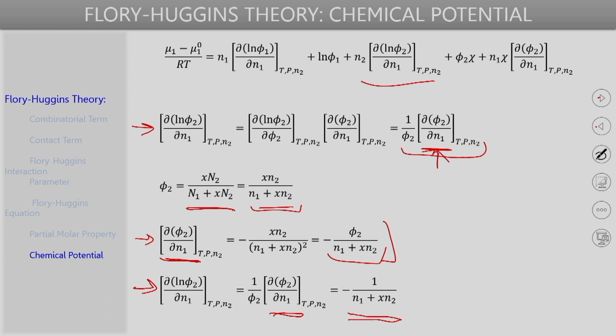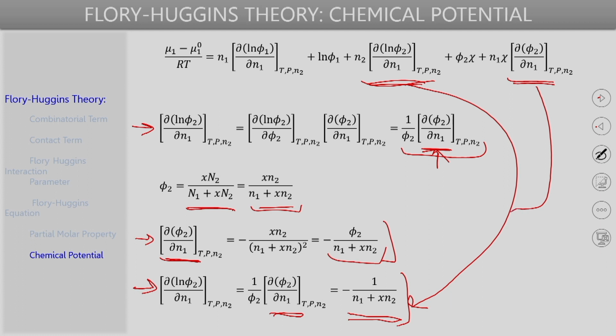So we see that for both of these partial derivatives we have come up with simplified expressions. For this partial derivative we have this expression here, and for this partial derivative we have this expression here.